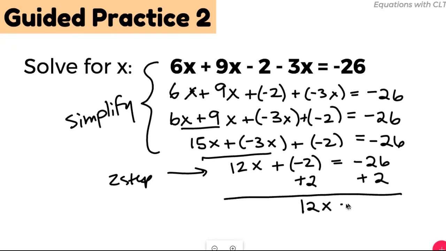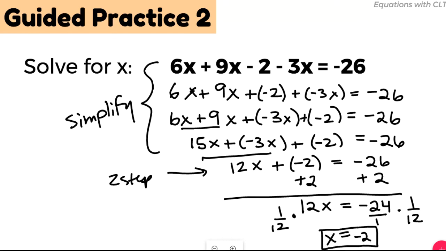I end up with 12x equals negative 24. Undo our multiplication by multiplying each side by the reciprocal. And whether you cross simplify to start, or multiply across and then simplify, your answer is x equals -2. And that's it.